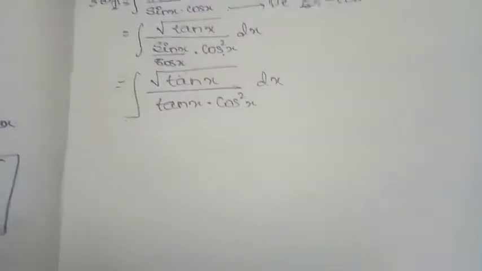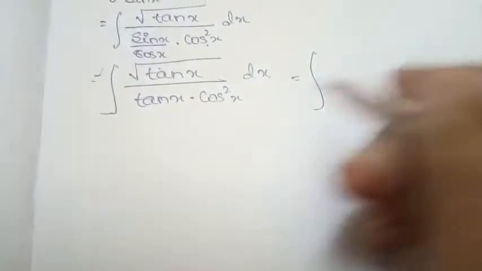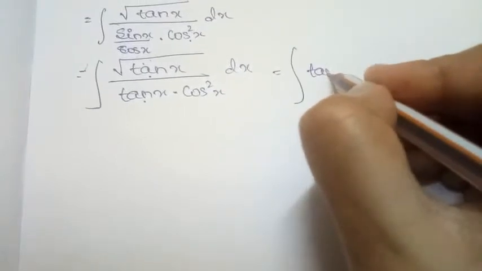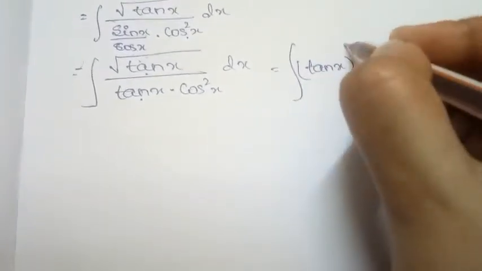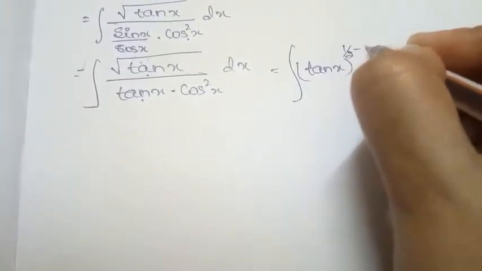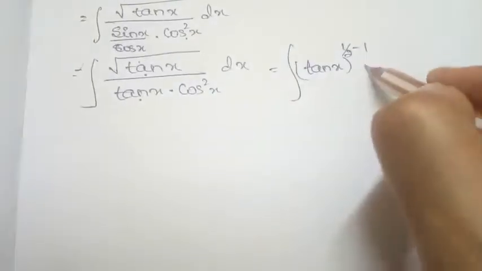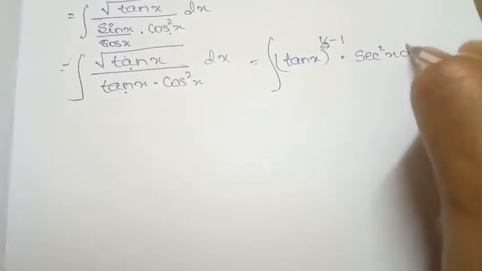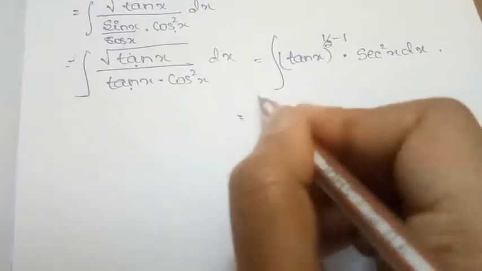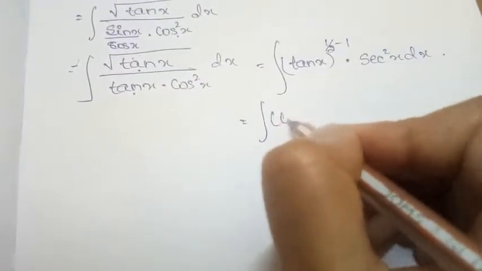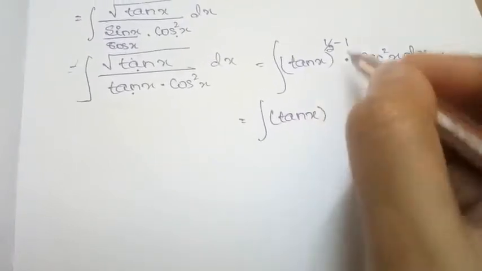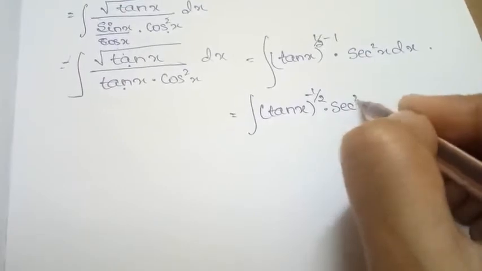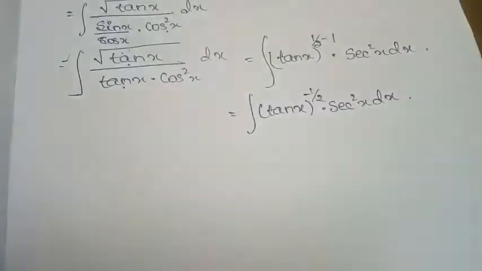So what we got now is the integration of root of tan x into tan x, that is tan x to the power 1 by 2 minus 1, and 1 by cos square x is nothing but secant square x dx. So tan x to the power minus 1 by 2 into secant square x dx.